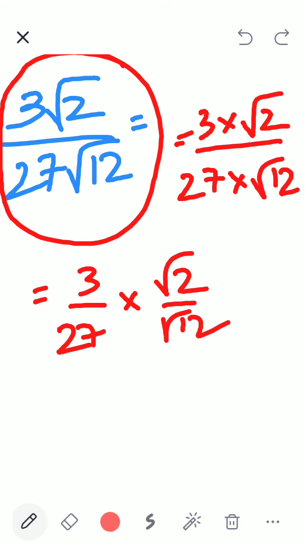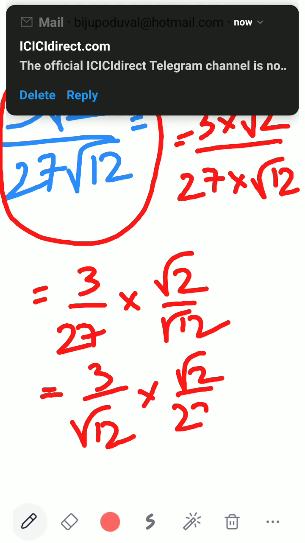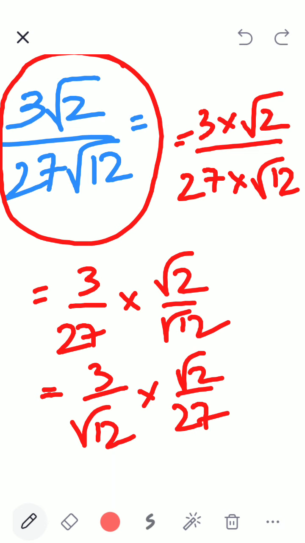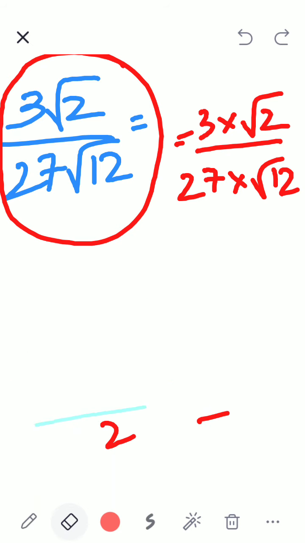You can write it like this also. 3 divided by root 12 multiplied by root 2 divided by 27 also. Any way you can write. That is the best thing about multiplication and division. You can combine in any form. But we will always combine so that we can solve it. Correct? Otherwise, what is the use of combining?